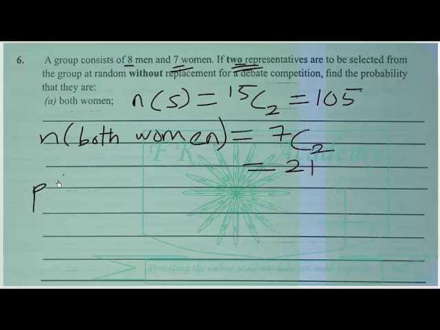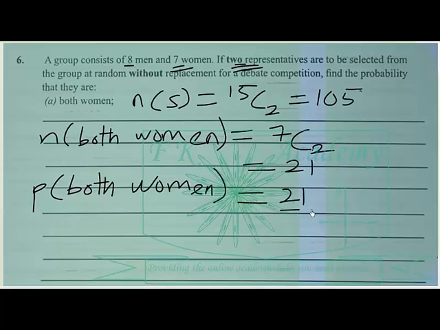So the probability of selecting both women will be equal to 21 over 105, and this will simplify to 1 over 5.